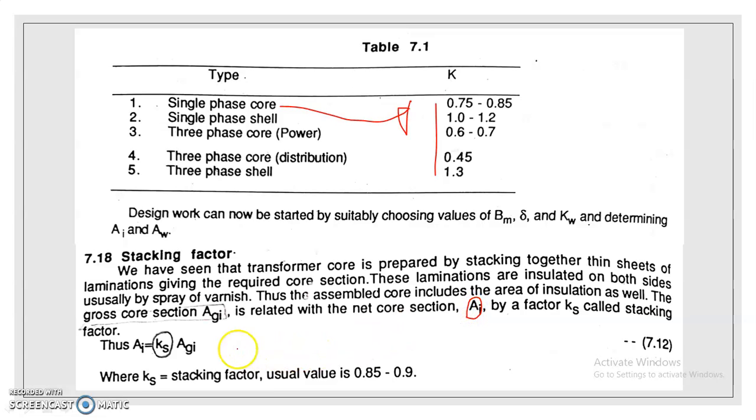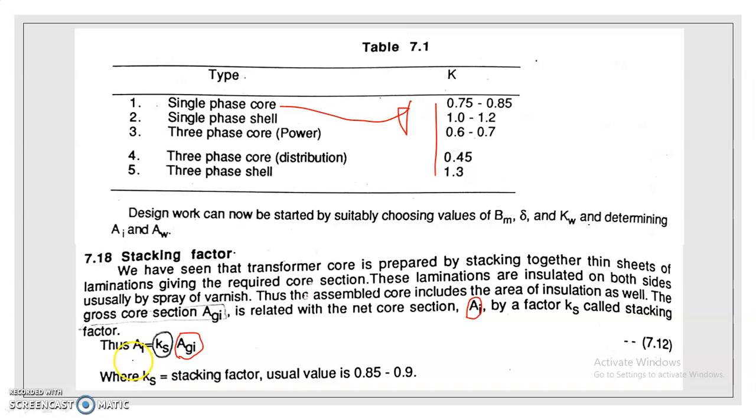And Agi is the gross core section, which is the area of cross section of the core including the thickness of the lamination or a spray of varnish. Ai and Agi are related to each other by a factor called the stacking factor.